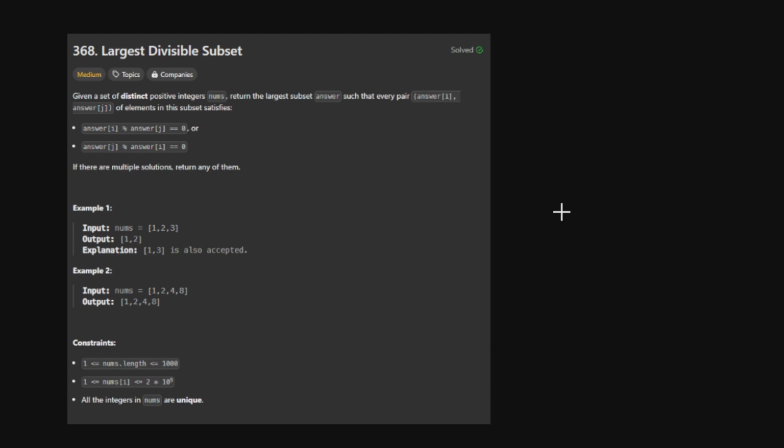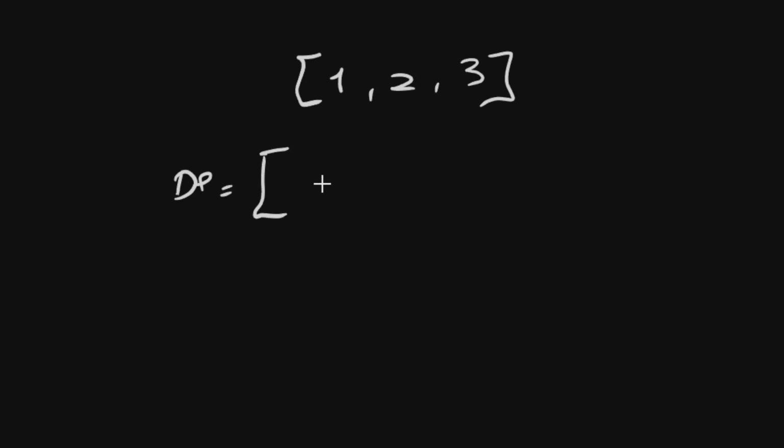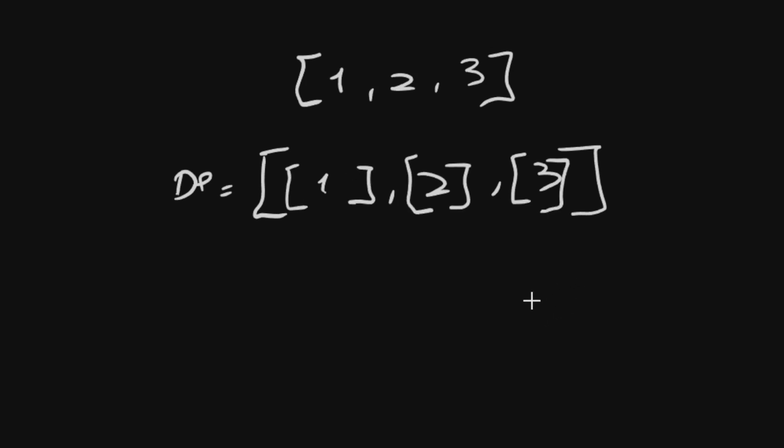Now let's go with an example. Let's say we have our sorted array over here, which is 1, 2, and 3. We also want to create our DP array with the same values, so initially we'll get 1, 2, and 3, and each of these values will be inside a nested array. As we said before, we are implementing bottom-up dynamic programming.